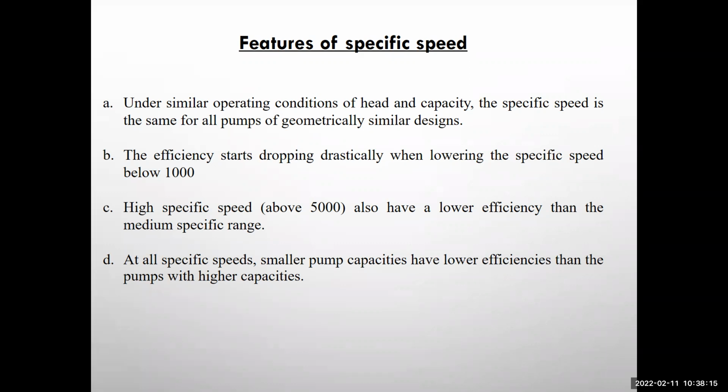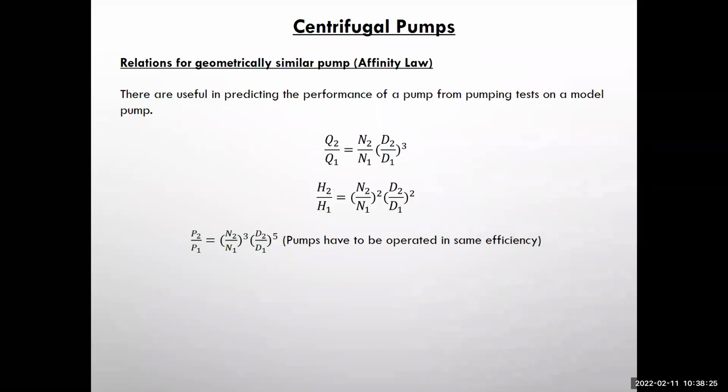One is called the model, one is called the prototype, right? Now, how can you replicate results from model to prototype? You need to know some relationships. These are the relationships between discharge, pump speed, and the diameter. And all of these laws are called affinity laws.